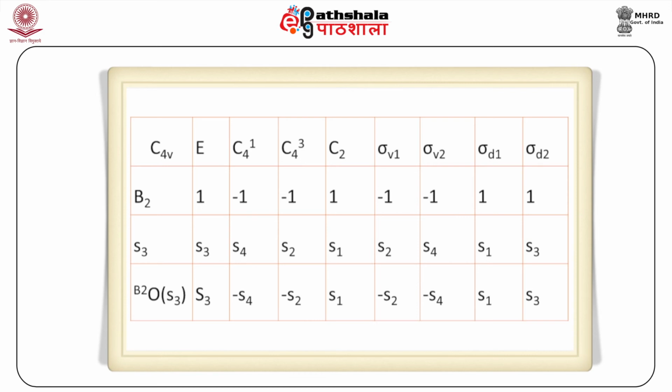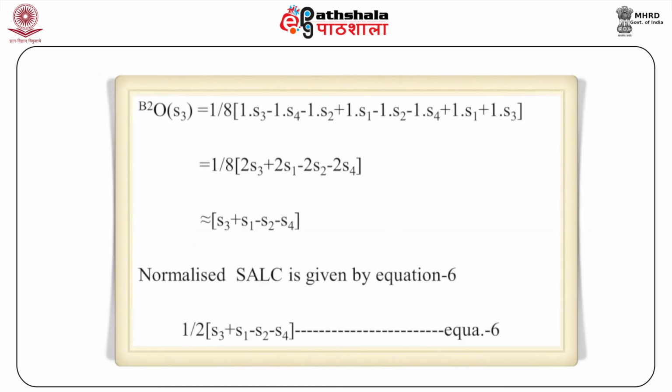By simple calculations we find the result as S3 plus S1 minus S2 minus S4, and the normalized SALC is given by equation 6, 1 upon 2 within bracket S3 plus S1 minus S2 minus S4, equation 3.